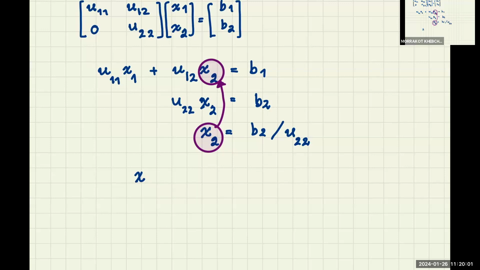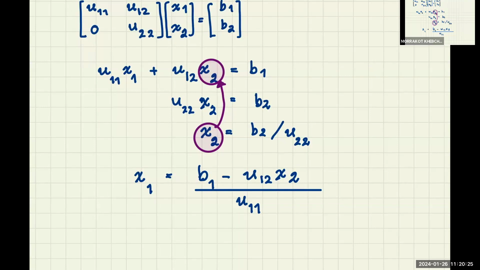So u11 x1 equals b1 minus u12 x2, so x1 is the whole thing divided by u11. Okay? So you get x2 and then you get x1.